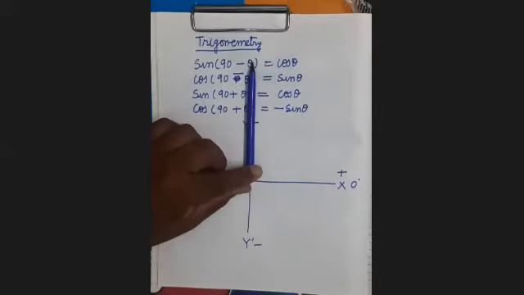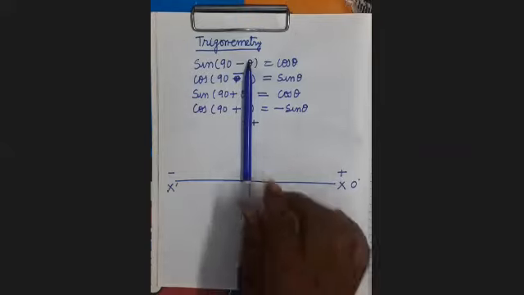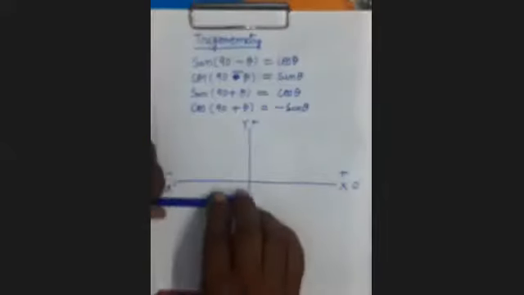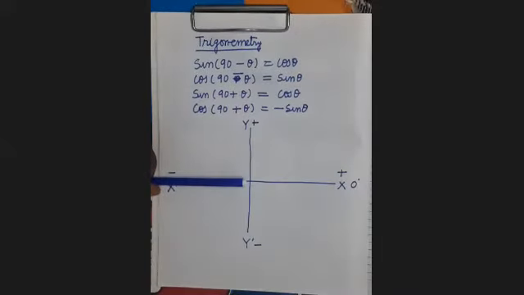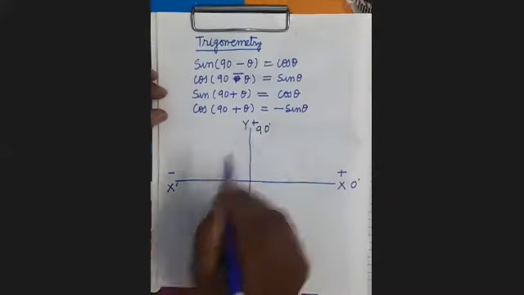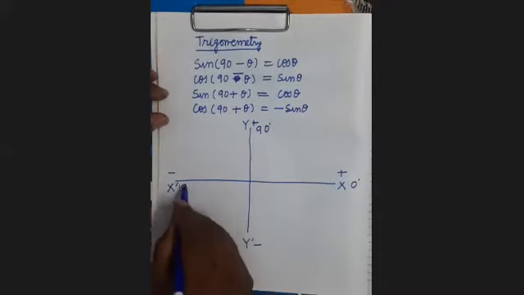It will be 90. When it is kept in this way, what is the angle? 180 degree. This is the 90 degree, then this is 180 degree.